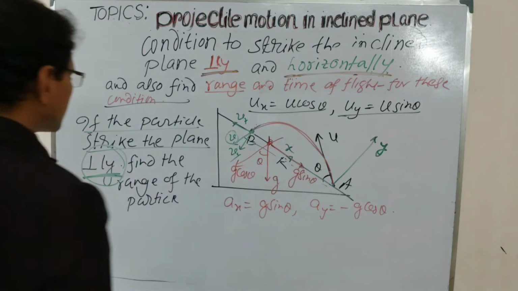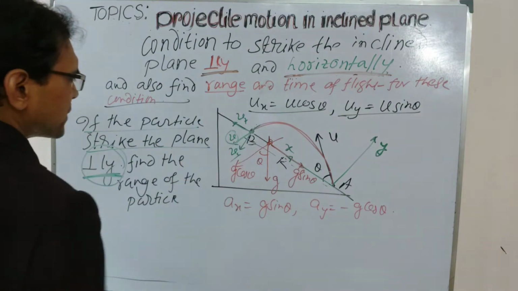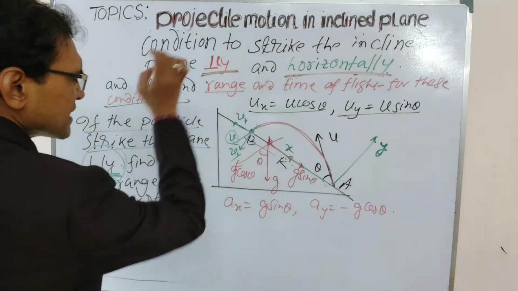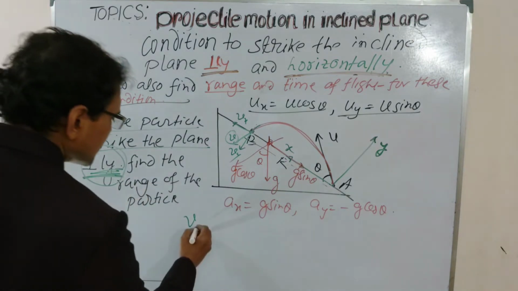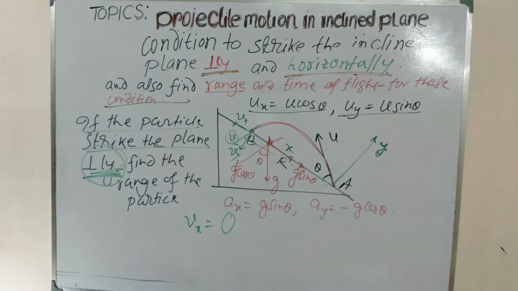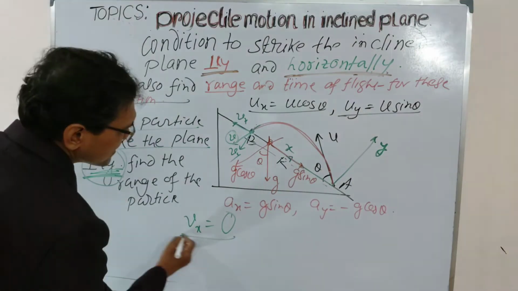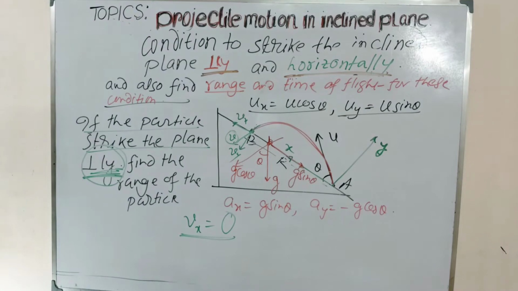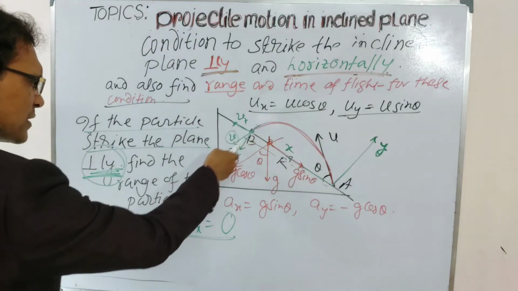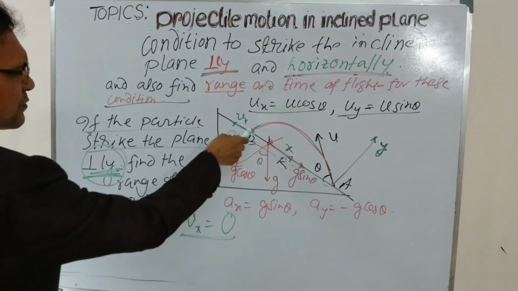The condition is that vx should be 0. If the particle strikes perpendicularly, then vx equals 0 and only vy is present.